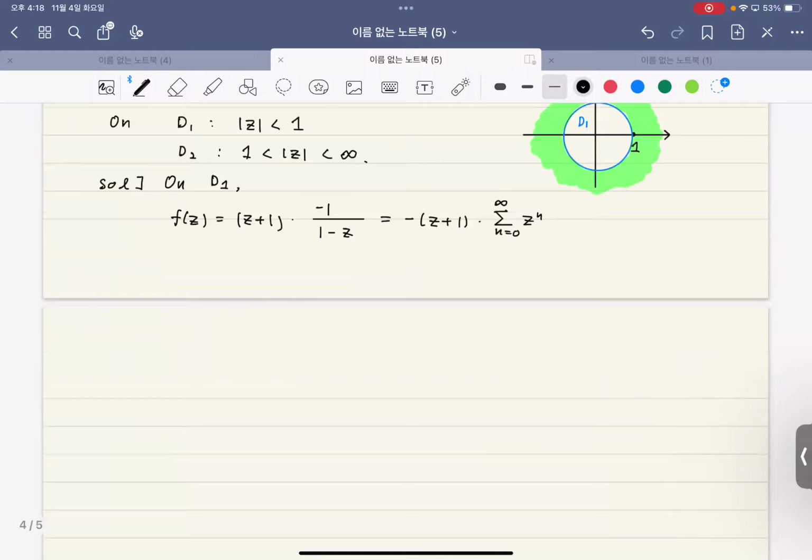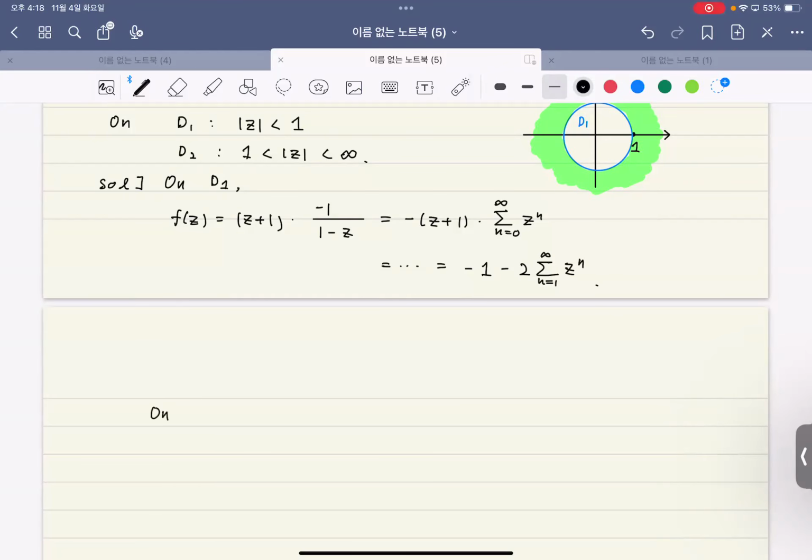And by some index juggling, it turns out that this is minus 1 minus 2 times the sum from 1 to infinity of z to the n. Okay, so this is not a horribly complicated exercise. I guess you can easily do this on your own.